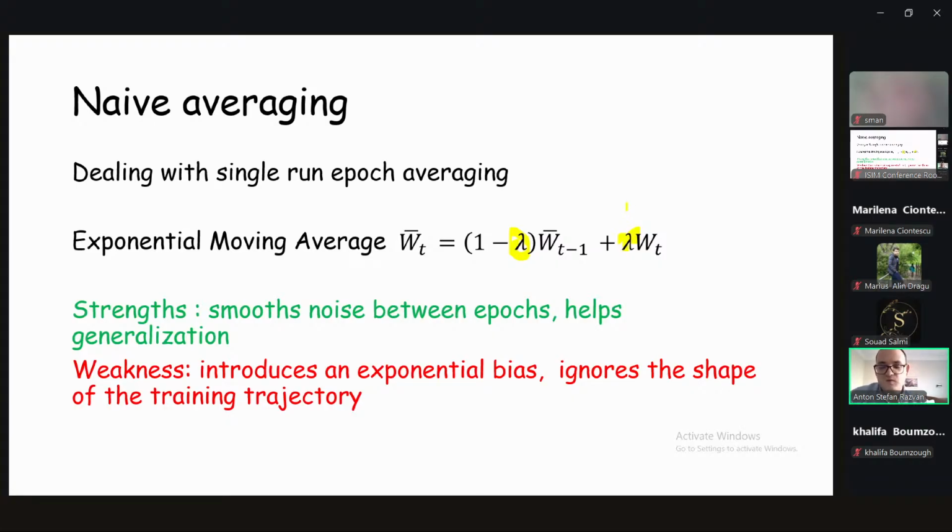But the weakness is that you introduce an exponential bias, so it focuses on the last epoch. Again, wasted compute in the earlier epochs, and you ignore the shape of the training trajectory. This is very important because you leave some accuracy on the table.